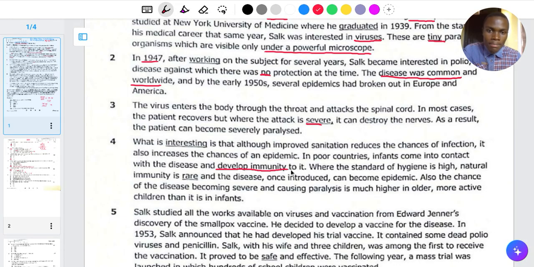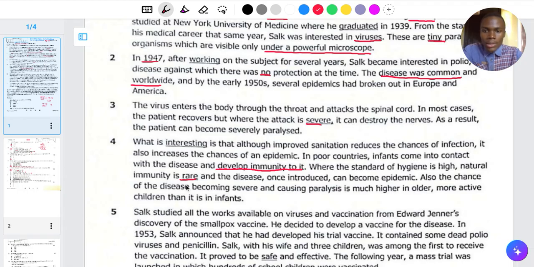This is a powerful point. We develop immunity against the antibodies that we come in contact with. Where the standard of hygiene is high, natural immunity is lower.